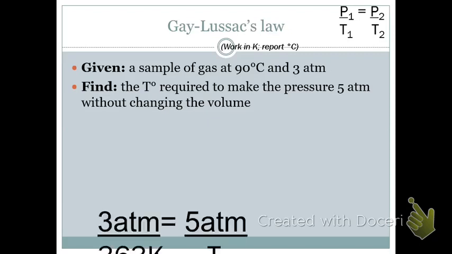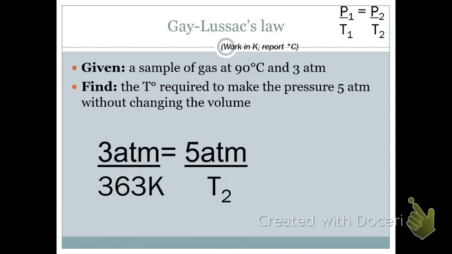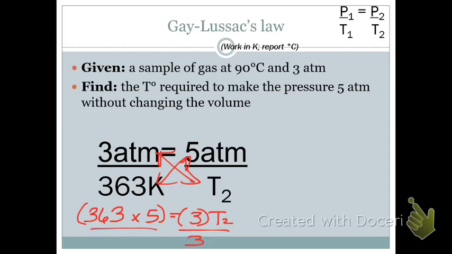Okay, so here you have to set up. Do your cross multiplication. And with your cross multiplication, you are going to have 363 times 5 is equal to 3 times T2. Divide both sides by 3 to cancel them out.